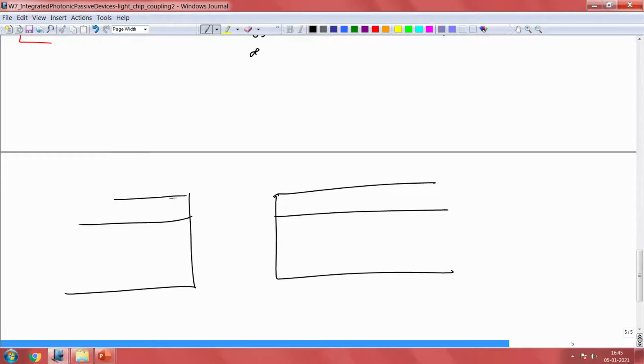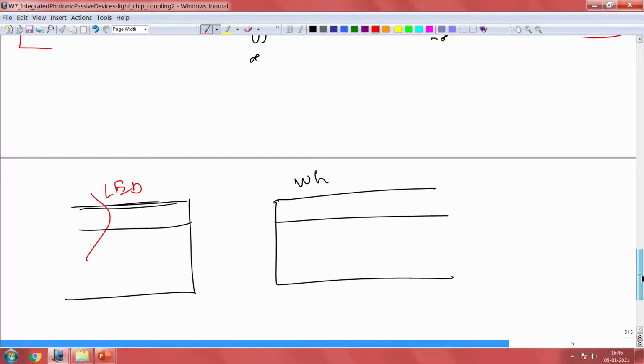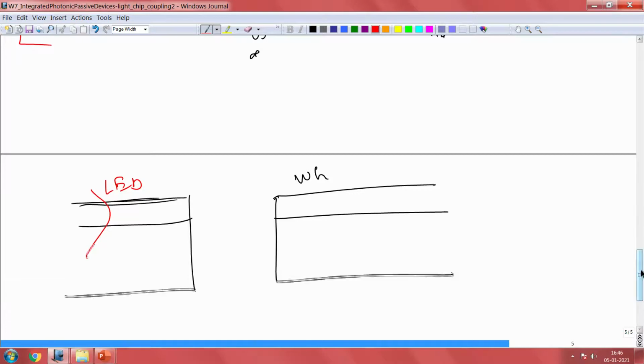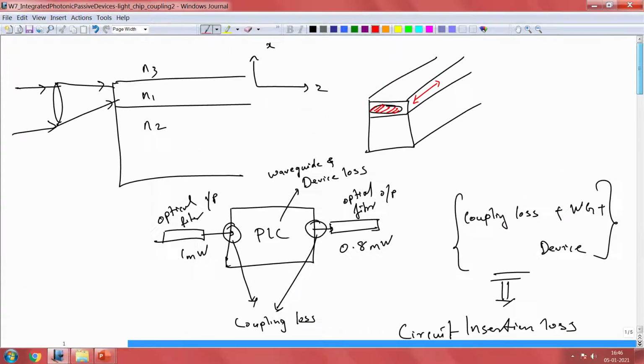So now this is how my LED is. So this is my light emitting diode and this is my waveguide, passive waveguide now. So when the light is coming out of this, so cross section wise it might look something like this, right. But then you should remember that this is again a flat thin semiconductor wafer, right. So it looks something like this.